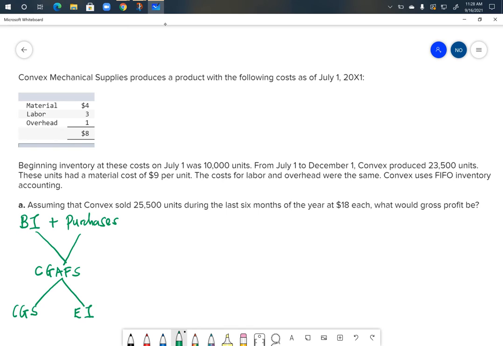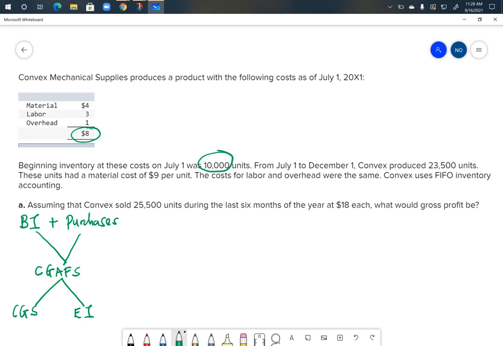Our beginning inventory here is 10,000 units, and the cost is $8: $4 for material, $3 for labor, $1 for overhead.